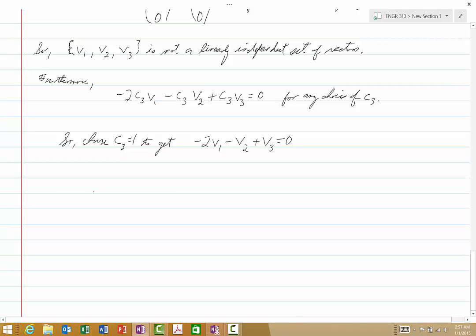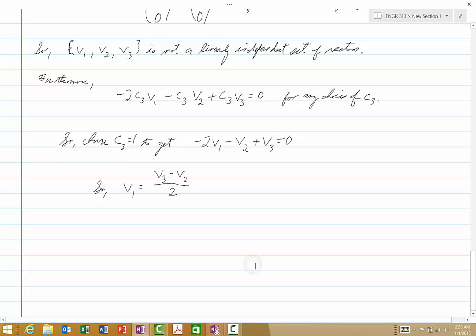So we could say V1 is equal to V3 minus V2 over 2. We would get that simply by taking this minus 2V1 over to the other side and then dividing by 2.